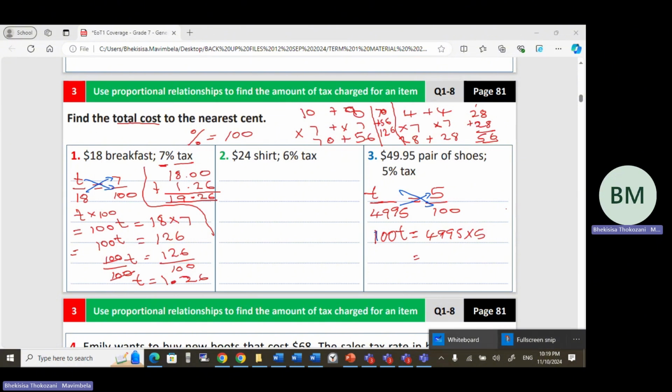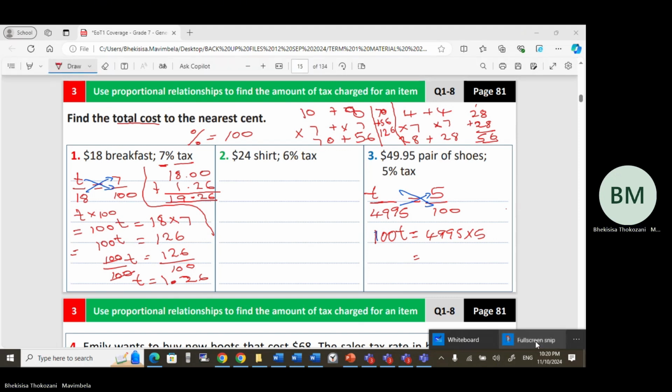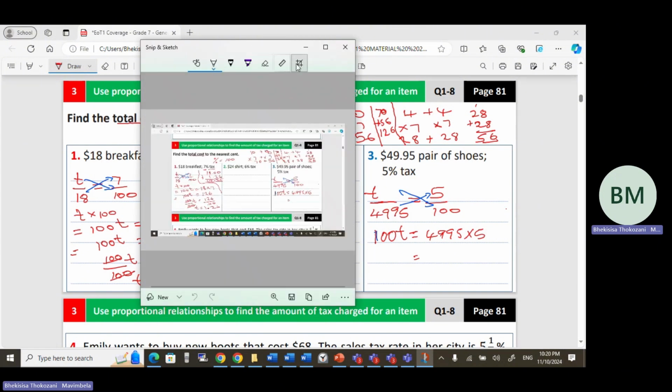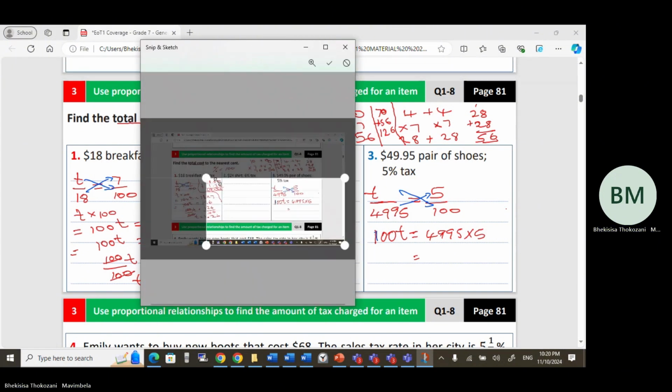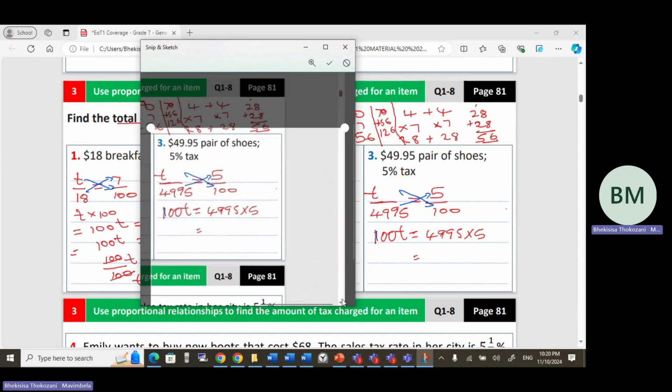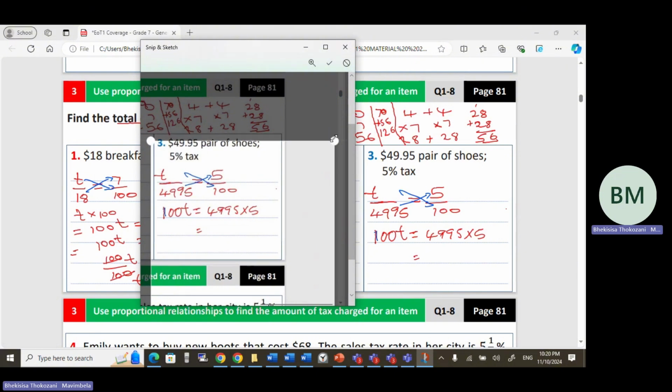I'm going to try to get this on another page because I don't have enough space, guys. Yeah, I won't lie to you.